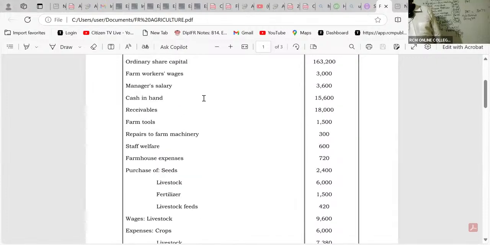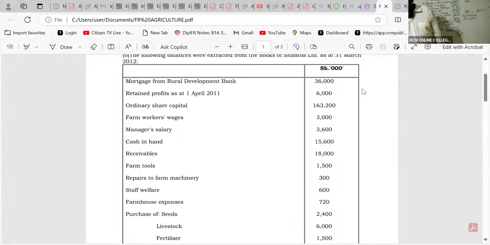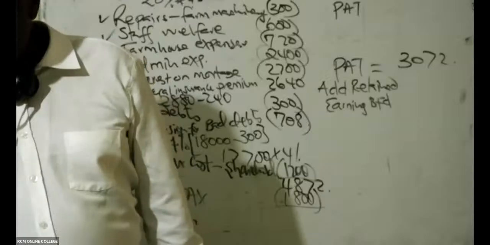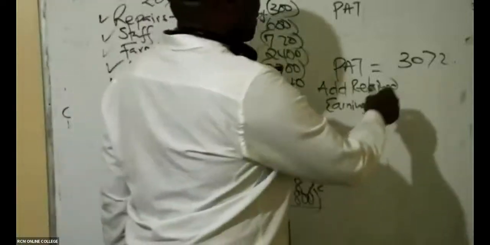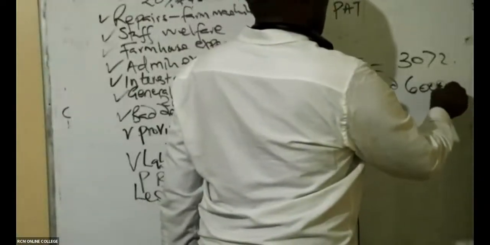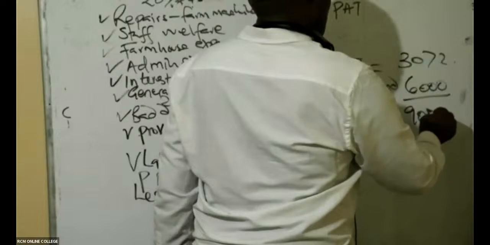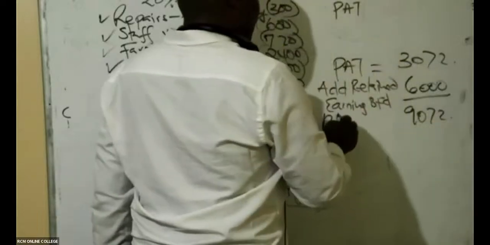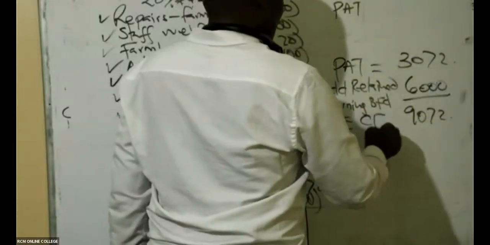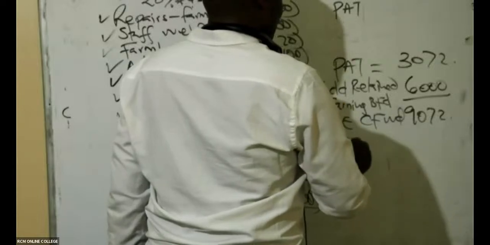You can see these retained profits brought forward of 6,000. So in this case we have here 9072 as the retained earnings carried forward to our balance sheet.